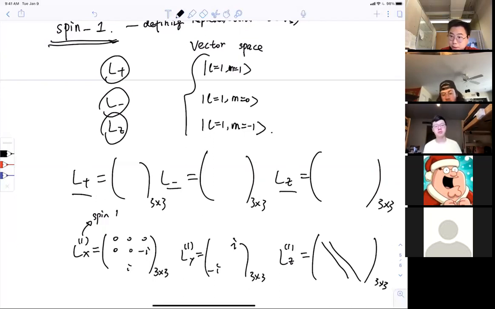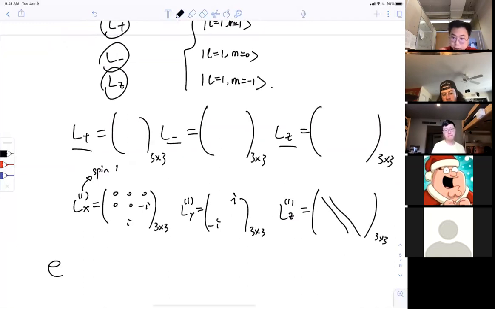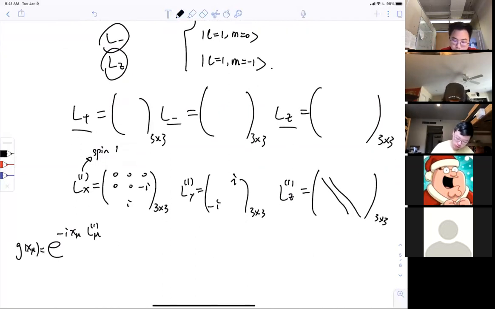And once we have this matrix form of the generators, we know how to generate finite rotations, right? And there are many different ways to parameterize this group.